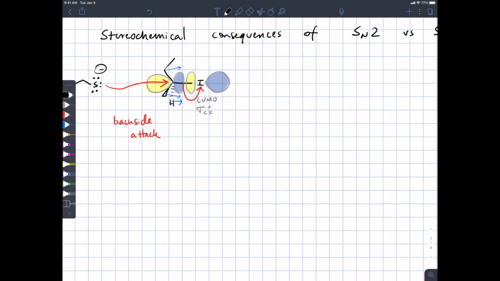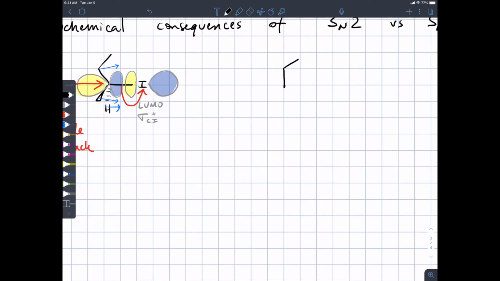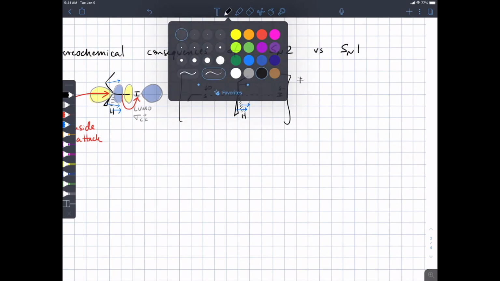the leaving group. So you may recall that the transition state that we've drawn for this SN2 reaction almost looks as though we have a planar carbon at the middle of it. You have iodide having left, and you have the new nucleophile coming in, and you have partial negative charges on both. As we continue to progressively form this new bond, the groups that are on that central carbon are going to continue to be pushed away from the incoming nucleophile.